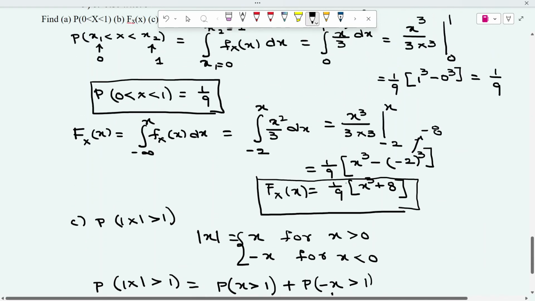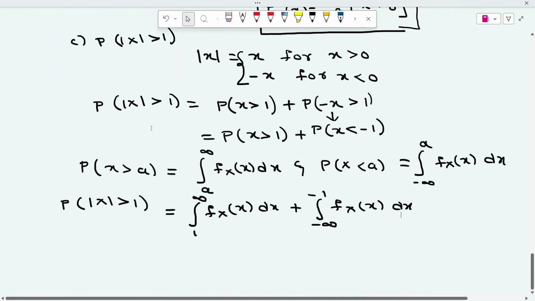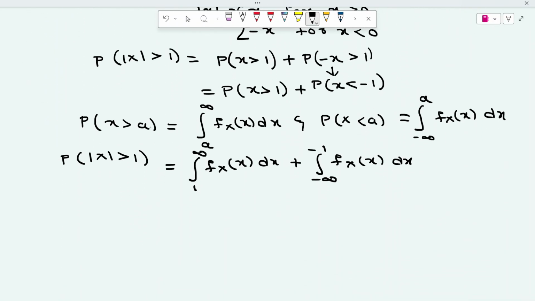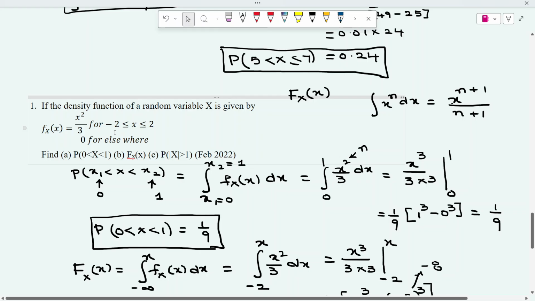But if you observe, the lower limit is minus 2 and the upper limit is 2, the maximum limit is 2. So instead of infinity the upper limit will be 2, because outside it is 0. The density function is simply x square by 3 only from minus 2 to 2, and for the remaining limits it is 0.